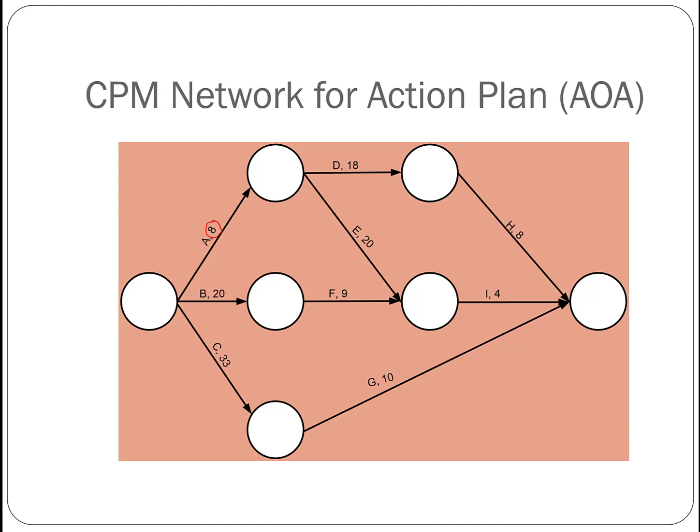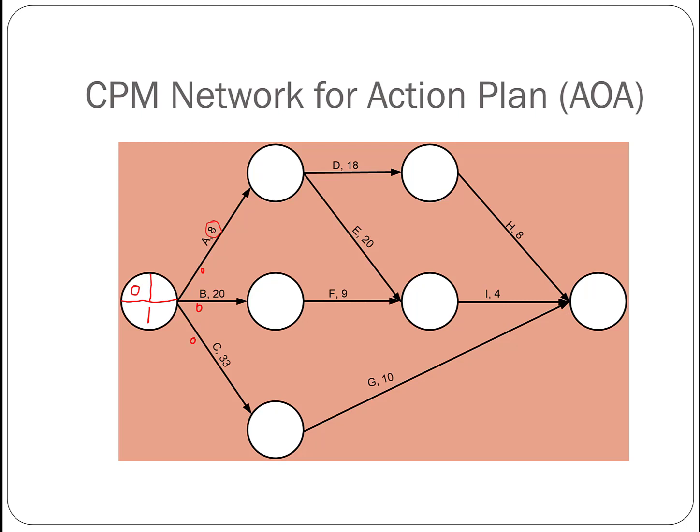Now, with this given information, we're going to start with a forward-going calculation to find out the early times for the activities and the events. Now, let's look at our first event, node 1. This node represents the beginning of this entire project. So the beginning date will be day 0. And this early time for this event will come under activity A, B, and C to be their early start time.